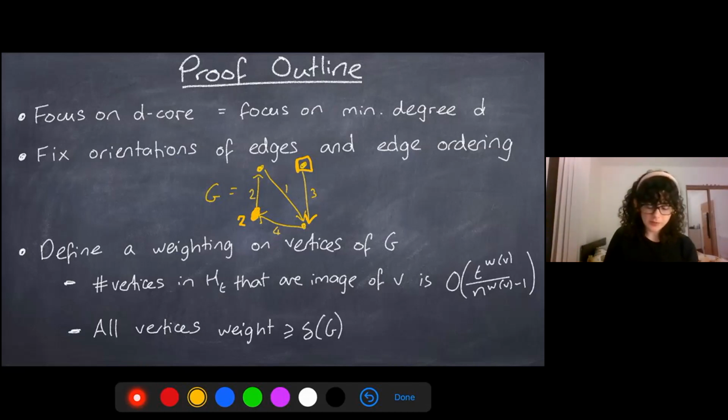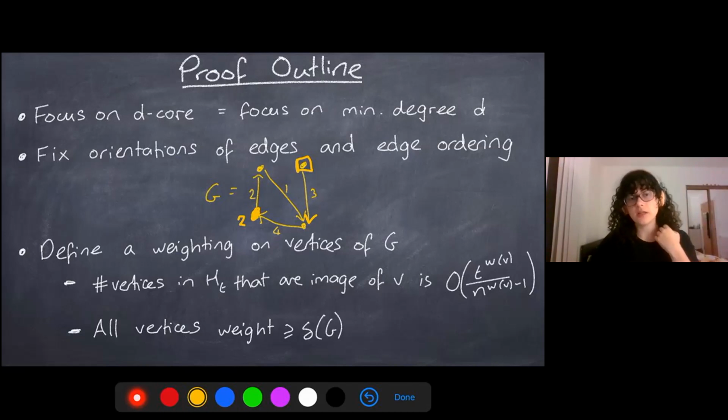That's because we're aiming for a lower bound that depends on the minimum degree, D. Okay, so if we had those two properties from a weighting, we would win, because then immediately, just pick one vertex, it says that the number of vertices in H_t that are the image of that vertex is like t^δ over n^(δ minus 1) at most.